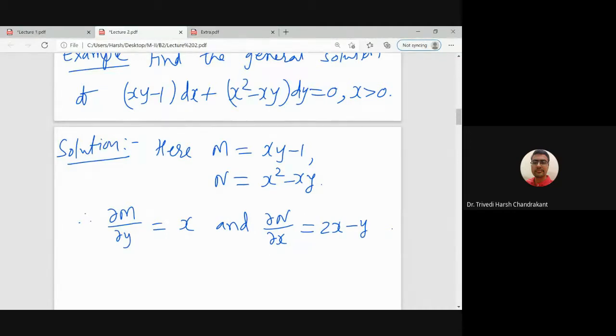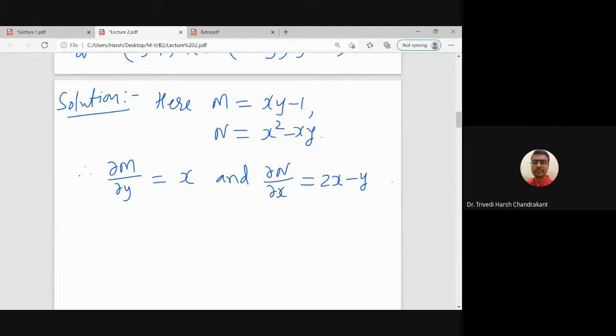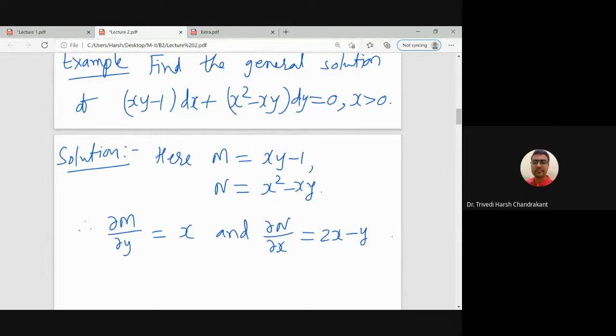So we have found del M by del y and del N by del x. If these quantities are the same, it is an exact differential equation. But we know that it is not the same, right? So del M by del y is not equal to del N by del x for all values of x and y. That implies the differential equation is not exact.